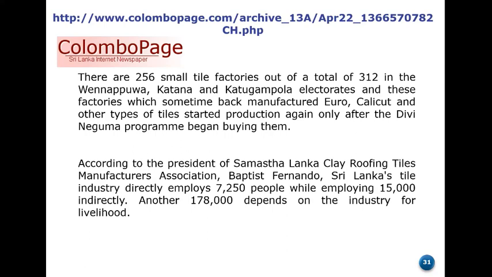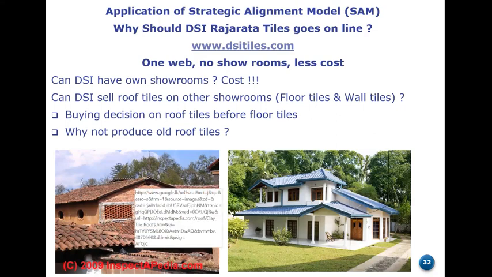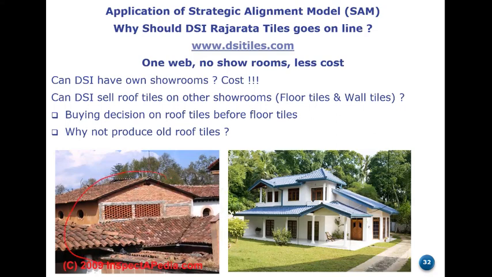Total dependence will be around 178,000 in this tile industry. If you look at a very old house, the biggest problem is different tiles. It doesn't look good, you have to replace them, tiles break, and then there are big issues. So this is the DSI tiles house.